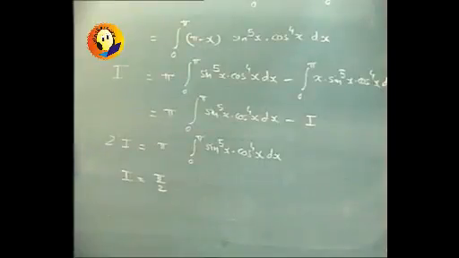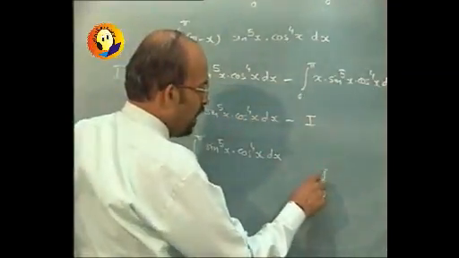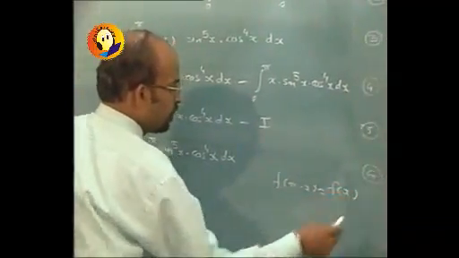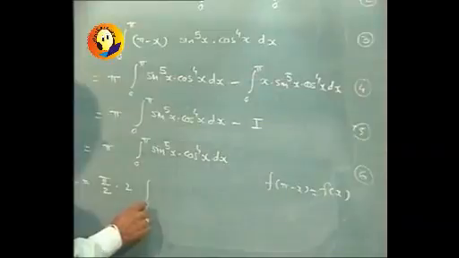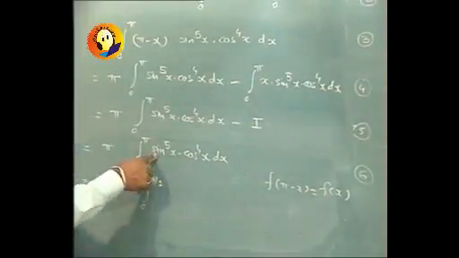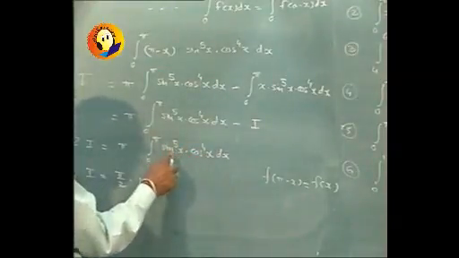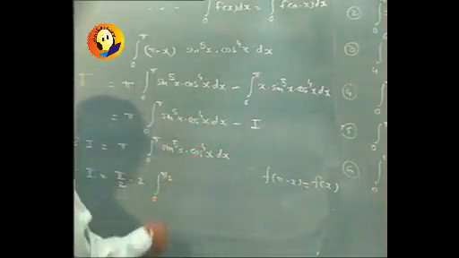So we will have to take help of some other way of solving the problem, and that is the case when f of pi minus x is equal to fx, that is the symmetry is there. In that case we can straight away make it twice 0 to pi by 2, so it will be integral 0 to pi by 2, because we have just seen that sin raised to 5x into cos raised to 4x is same as sin raised to 5 of pi minus x into cos raised to 4 of pi minus x.